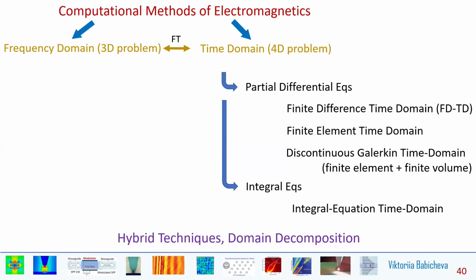Another aspect is the domain decomposition approach. In this case, we can efficiently parallelize the numerical method on a parallel computer system to utilize parallel CPU systems and even GPU systems.